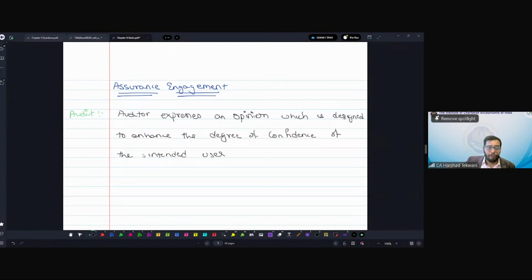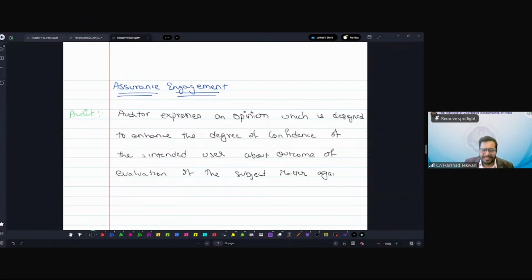It means his degree of confidence has been enhanced. So it is the enhancement of the degree of confidence of the intended users about the outcome of evaluation or measurement of the subject matter against criteria.